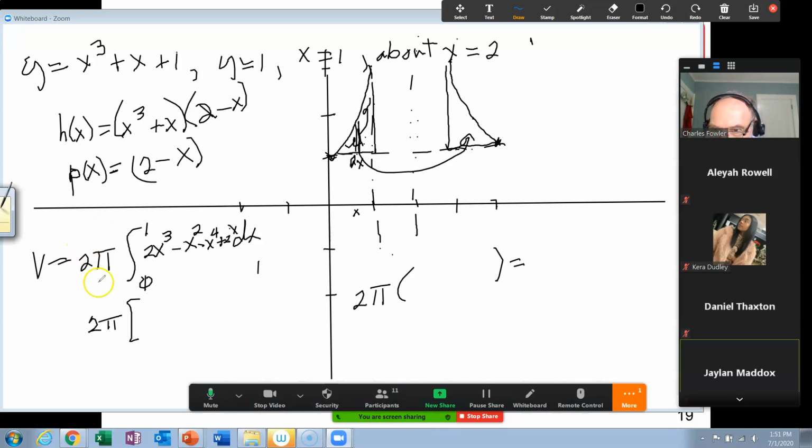All right, now let's do our antiderivatives. This will be x to the fourth over 4, but you got a 2 in front of it, so x to the fourth over 2, minus x cubed over 3 minus x to the fifth over 5 plus x squared.